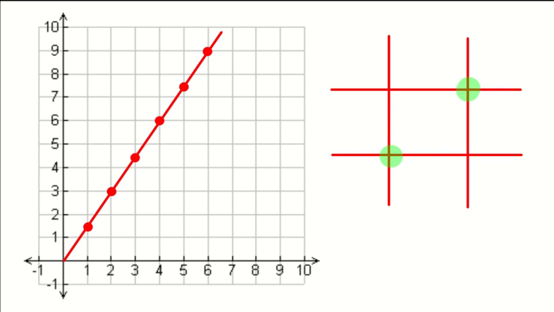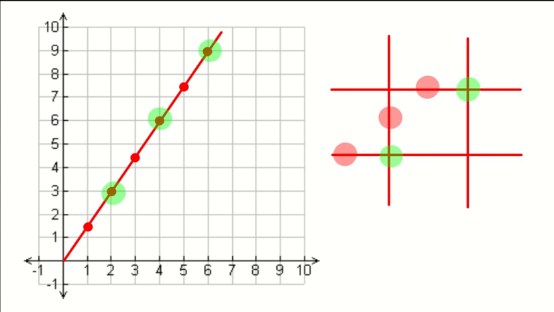Things like that. We do not want to use points that are in the middle or not where there's two lines intersecting. Everybody clear on that? So on our graph here, the ones I've got in green would be the ones we'd want to look at because they're on the corner.